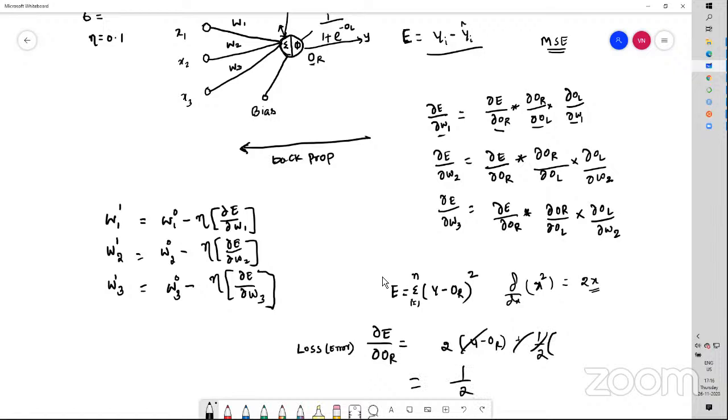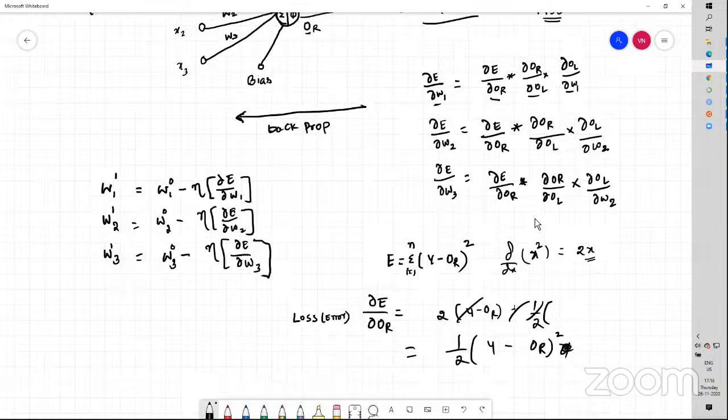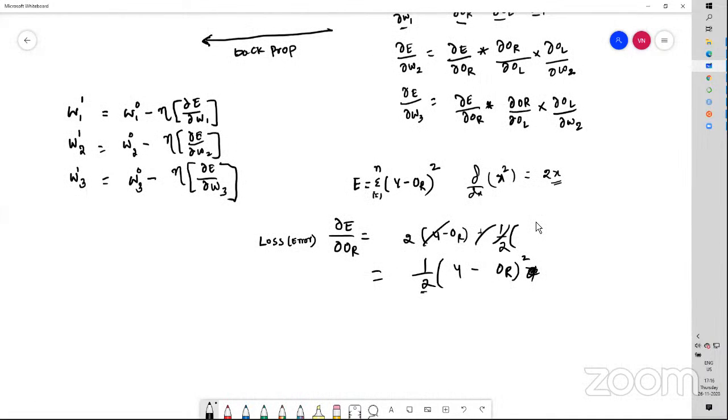So this is like 1 by 2 of y minus the output, whole square. Why this 1 by 2? I'll explain in a little while. Don't worry.